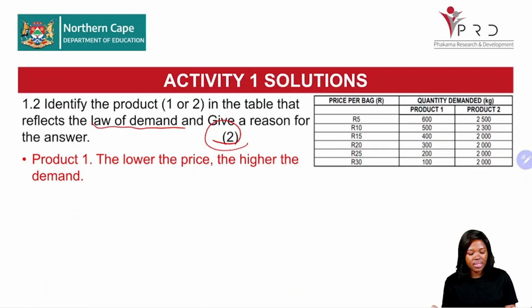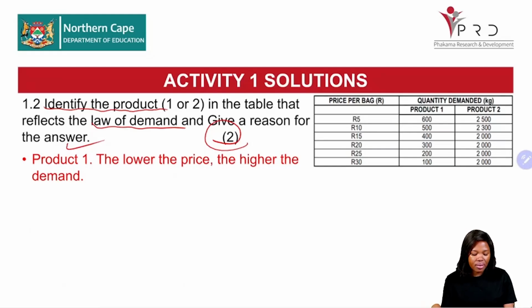We need to identify product 1 or 2. The only product that indicates the law of demand is product 1, right? That is the first answer. It is a mark there, product 1.